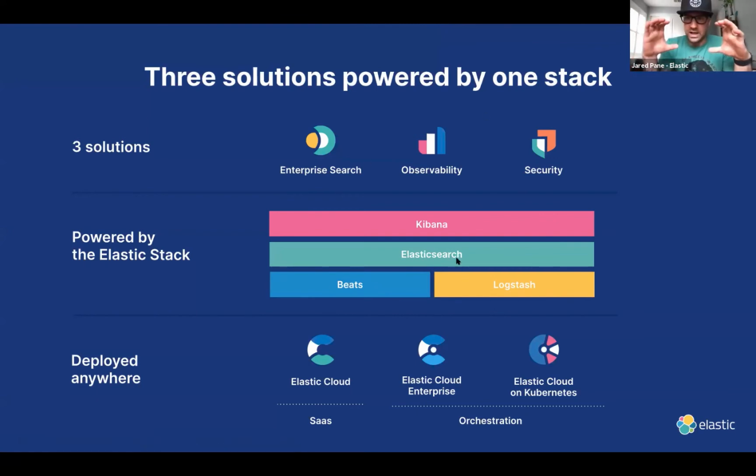It's all one stack, but they're separate pieces. We're going to start at the bottom here. Beats and Logstash are your ingestion tools, and then there's Elastic Agent. This slide's a little bit out of date, but let's just say Elastic Agent is here. Eventually it'll be added to this bottom piece. So you have your ingest tools.